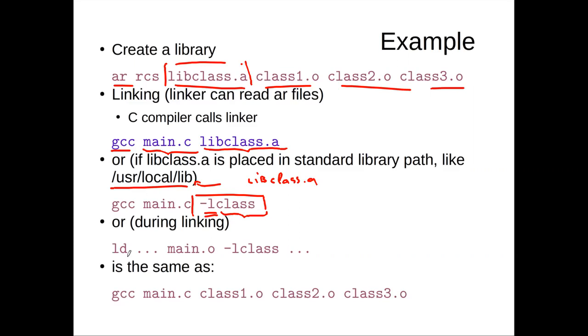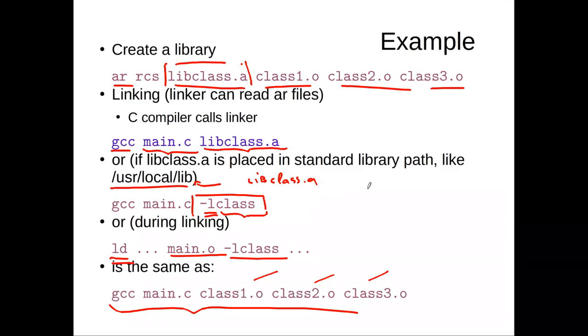And if you want to invoke a linker, you do something like this: ld as a linker, take your main.o file, pass the static library as an argument. It's equivalent to invoking GCC on all these object files individually, because the static library is nothing special, nothing besides a collection of object files. So that's conceptually simple.